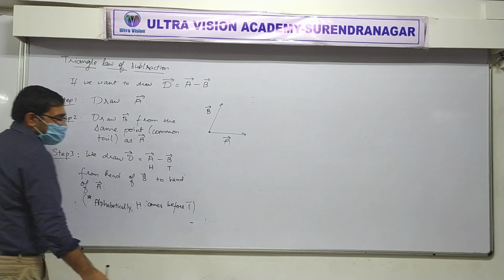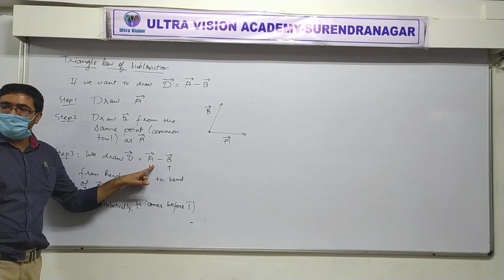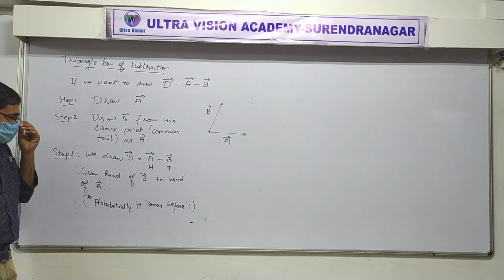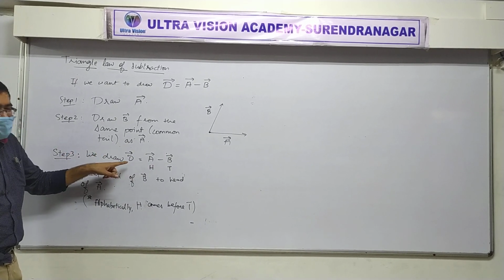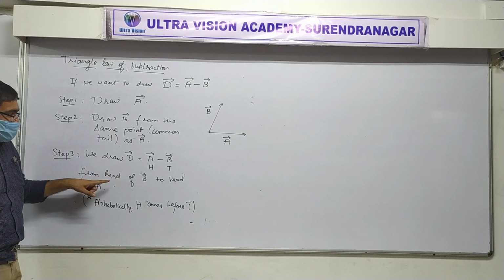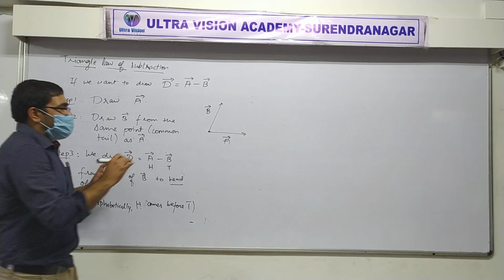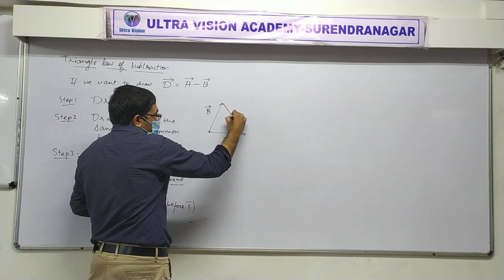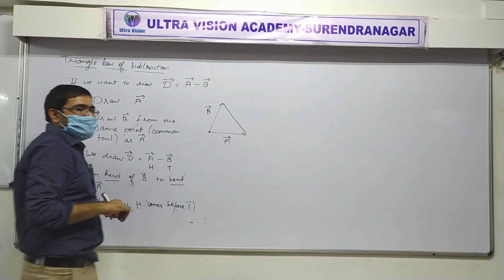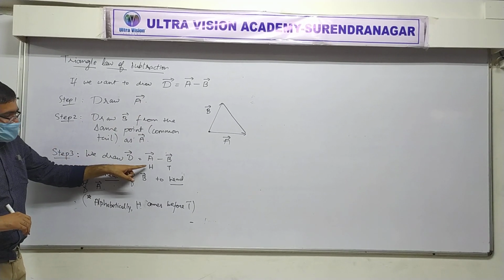How is it looking? So what does this tell you? When you draw a D vector, listen to this carefully. We have to join it from head to head. Is that okay? So suppose you draw this one. From head to head. But H comes first.